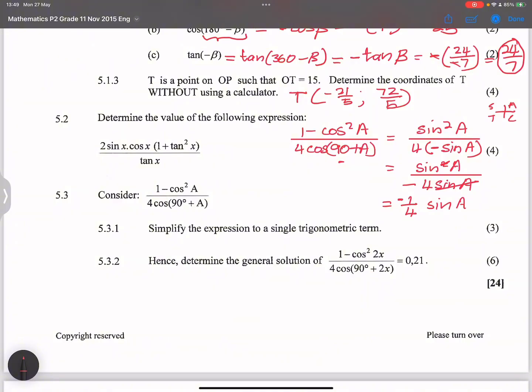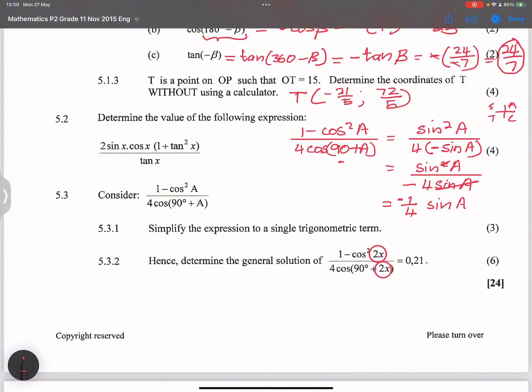Right, and now they say hence determine the general solution of this entire thing. Now, I want you to note, ladies and gents, they actually look exactly the same. The only difference is that instead of A, we've got 2x.